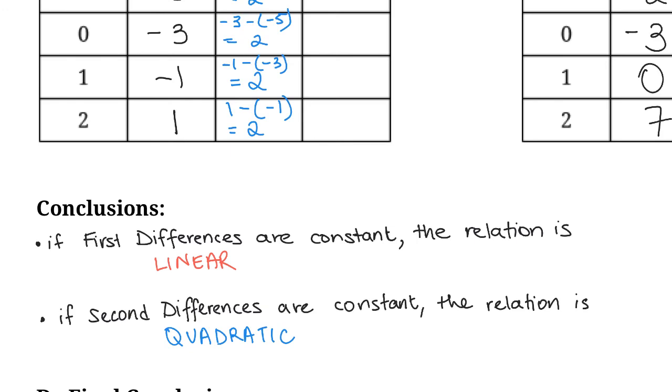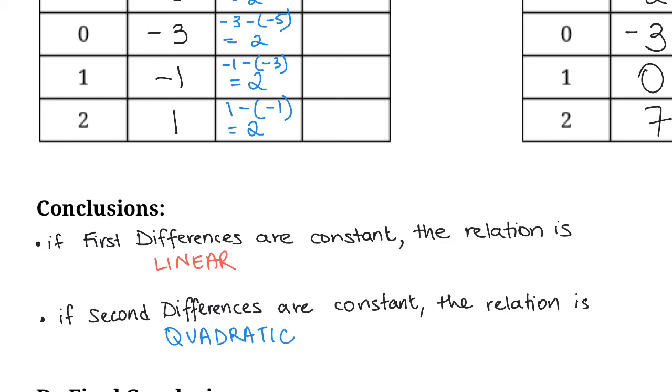So just to recap, if you calculate your first differences and you find that they are constant, meaning you get the same value over and over, we can conclude then that the relation is linear. If you calculate your first differences and they are not constant, then you would proceed to calculate second differences.